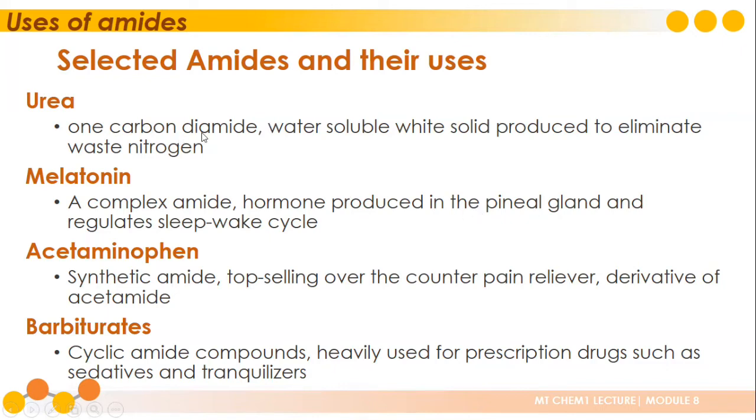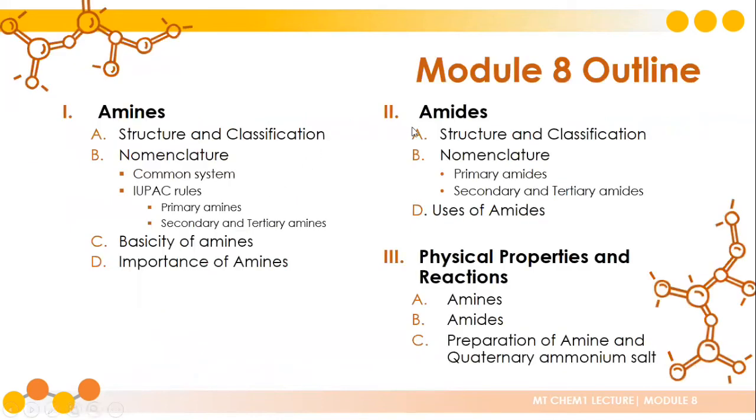These are just some of the uses of amides. So we're now done with discussing both amines and amides. You might want to take a short break before continuing this video and before we start discussing the physical properties and reactions of both amines and amides, along with the discussion of how to prepare amides and quaternary ammonium salts.